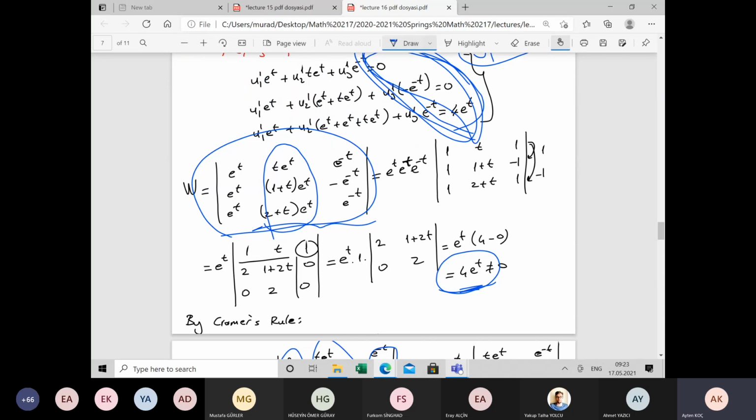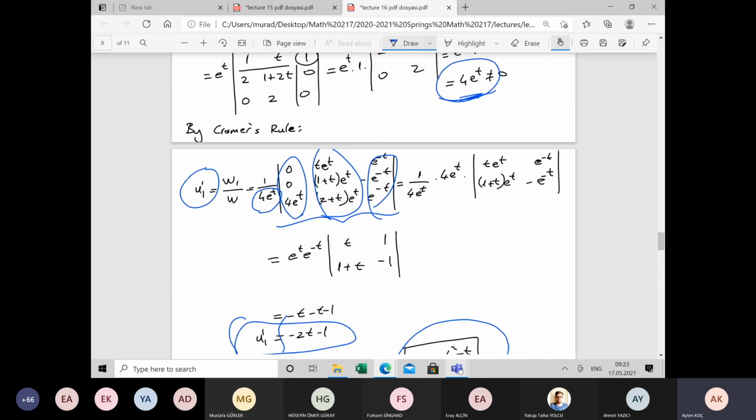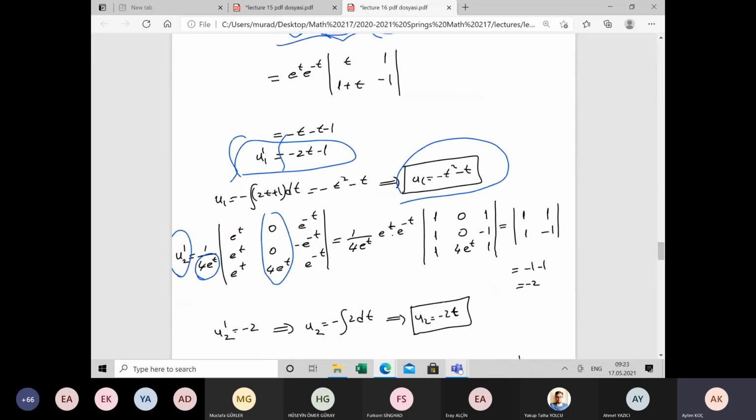Using some properties, the first column contains the common factor e to the t, and the last column gives e to the minus t, so we obtain this one.